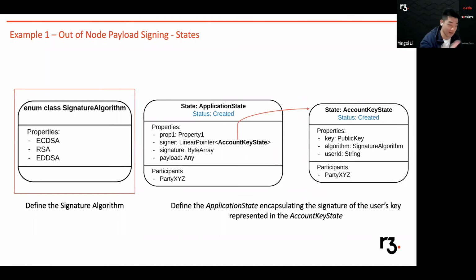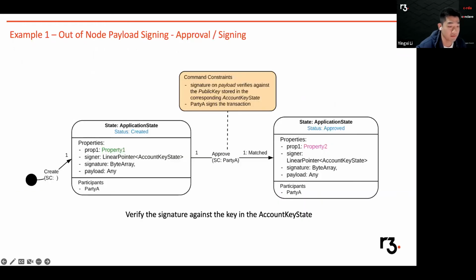We are not going to talk about the signature algorithm, but from this setup, what you can achieve is basically this: whenever you want to create an application state, during the create, the signer, one of the properties on the application state, is the signing key of the account key state.